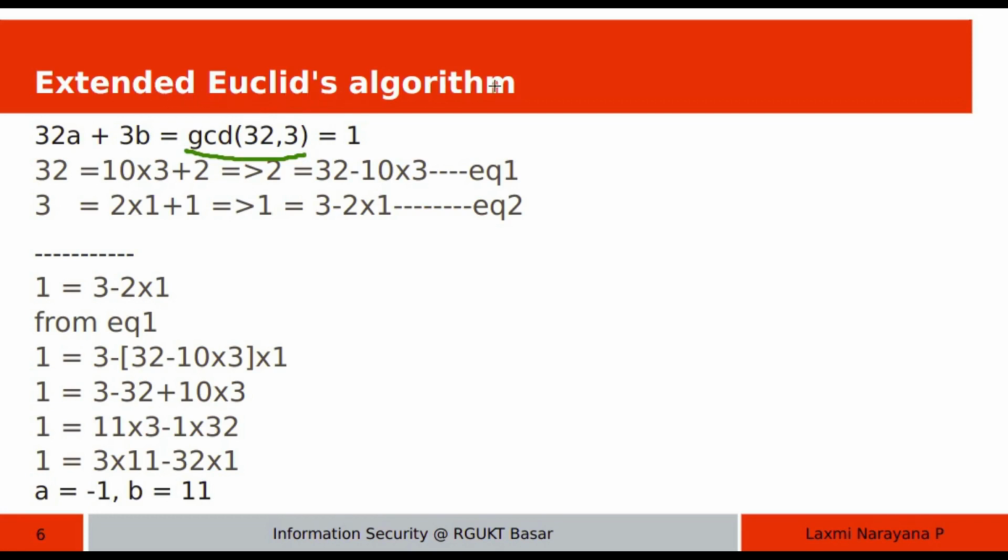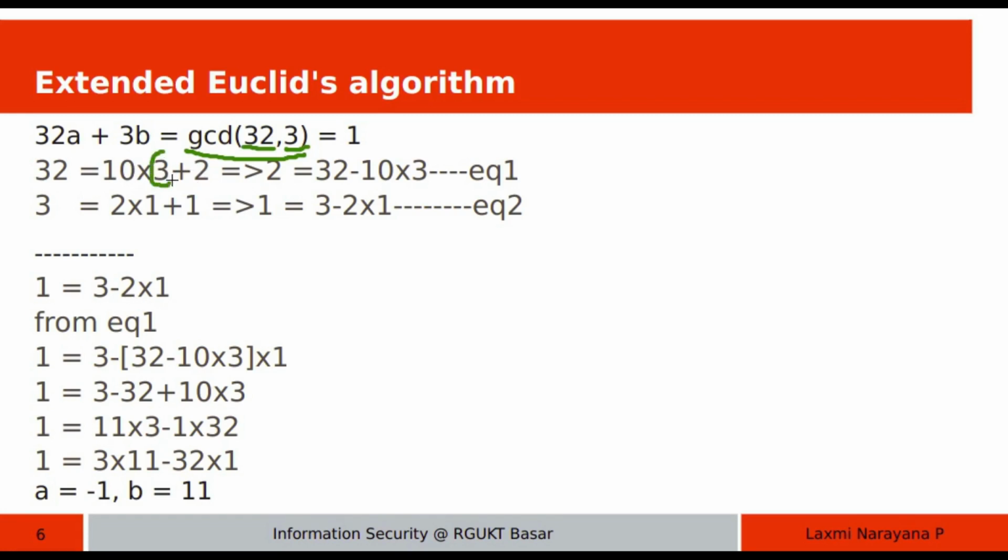the extended Euclidean algorithm. First we need to find the GCD of 32, 3 and then we have to find the coefficients for them. So let us find the GCD of these two numbers. First we need to divide the larger number by the smaller number. That can be written like this: 32 equal to 10 into 3, remainder will be 2.